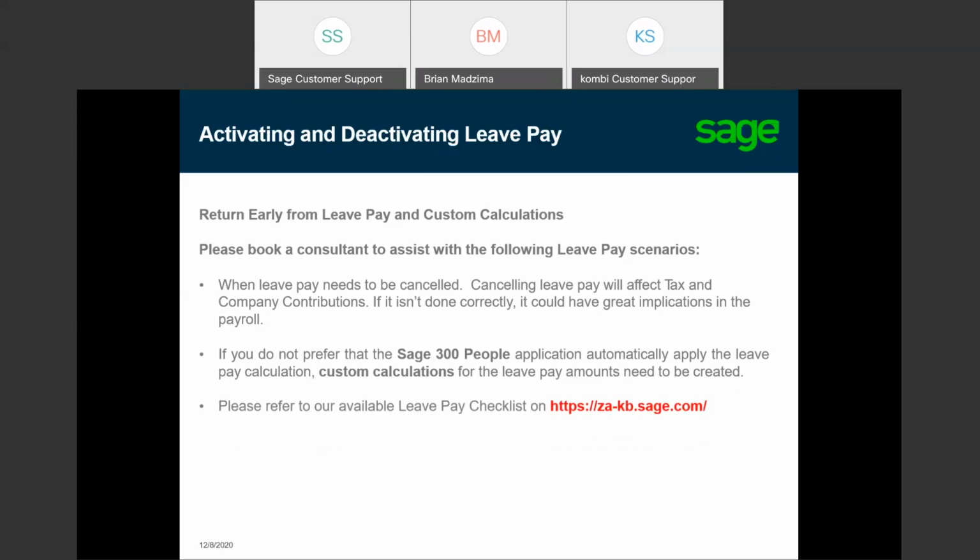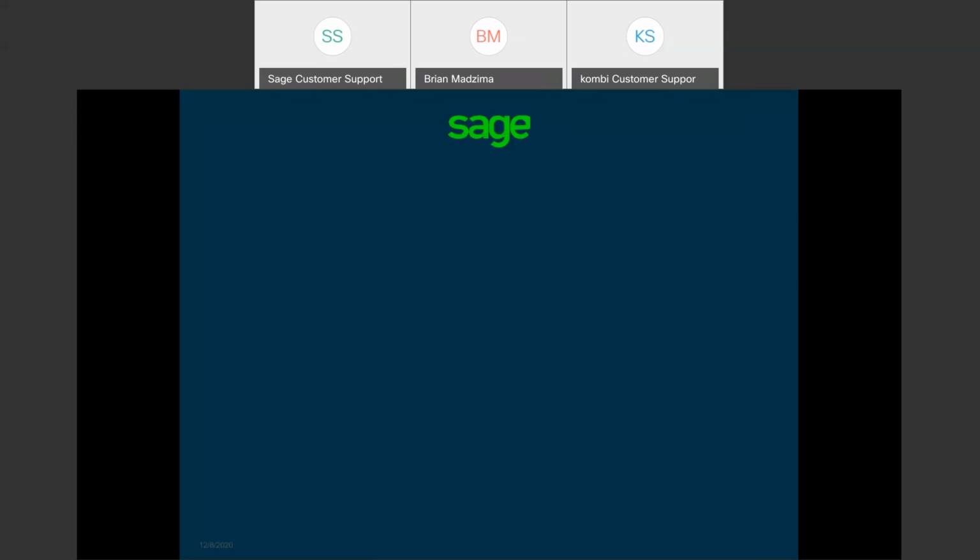So we do have a checklist available for leave pay on our knowledge base, and we've also provided the link for you there as well. And you'll see that the checklist also details how to go about setting up custom calculations should you not want to use the leave pay activation on the Sage 300 application.